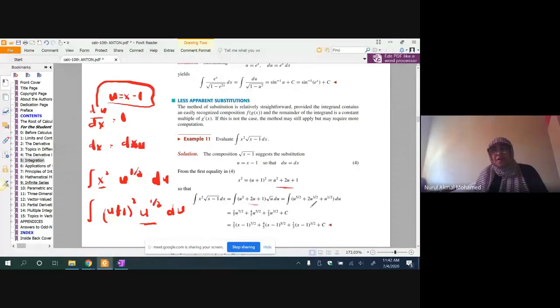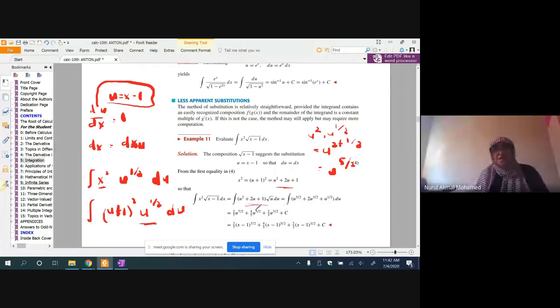Then you get u to the power of 2 multiplied with u to the power of 1/2. So this will be equal to u to the power of 2 plus 1/2, which is u to the power of 5/2.